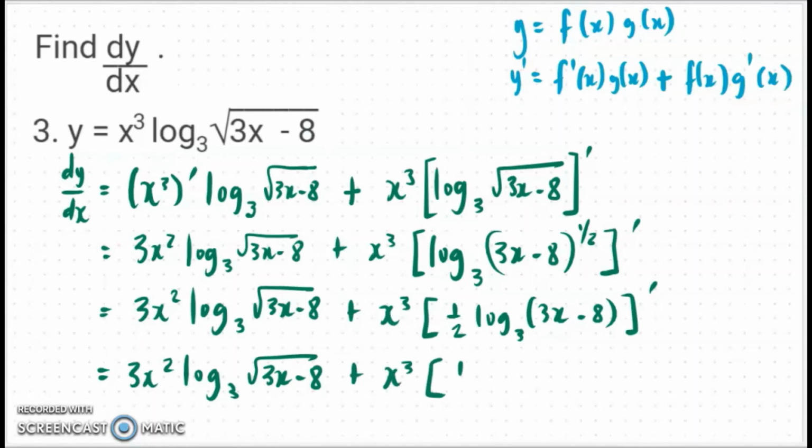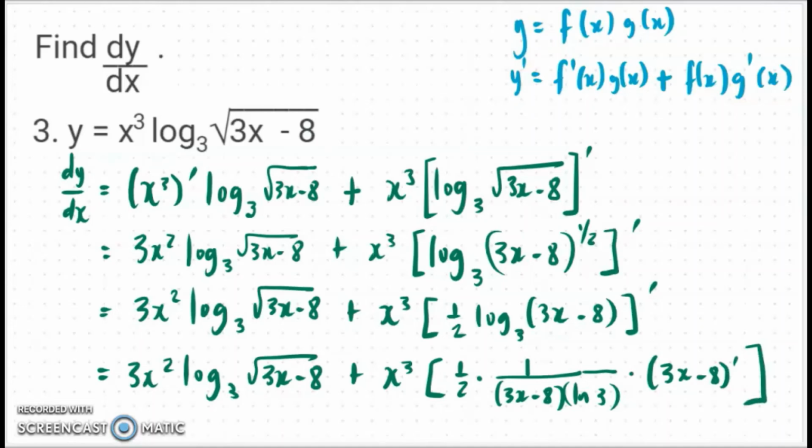And now we have the 1/2 and then applying the rule for differentiating general log. So we have 1 over our 3x minus 8 multiplied by ln of the base 3 and multiplied by the derivative of 3x minus 8.